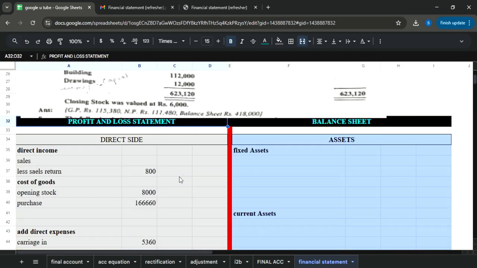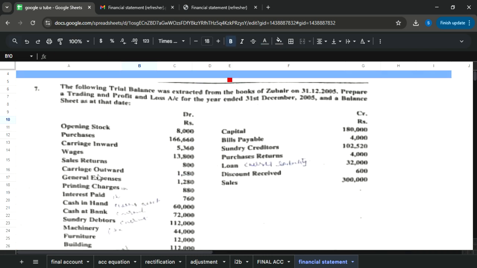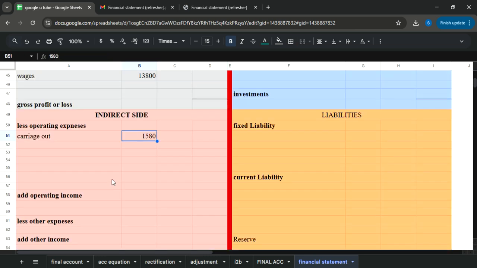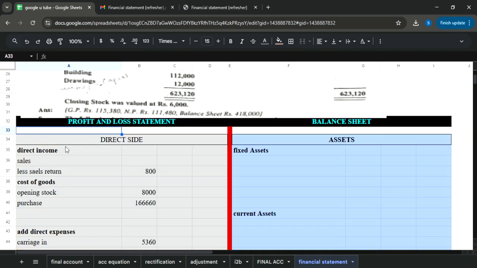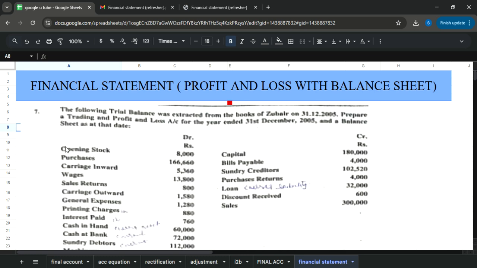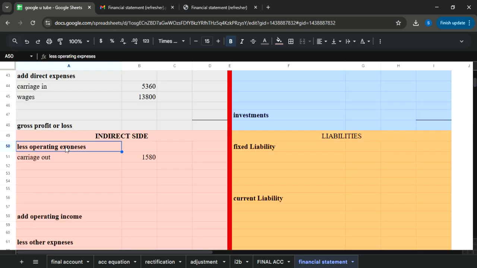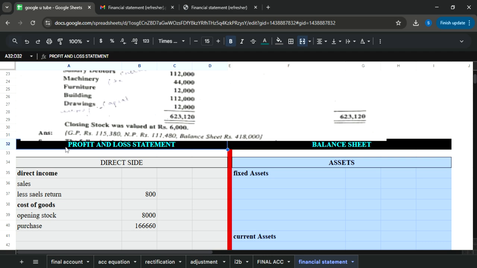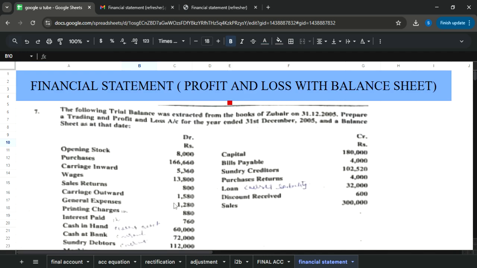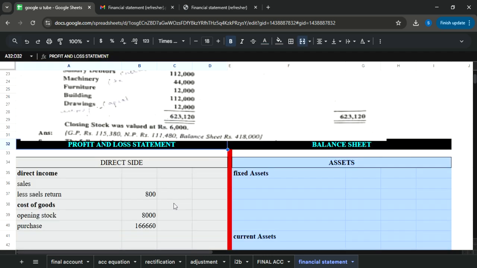After carriage out, we have general expenses. This is also part of operating or indirect expenses. Write it down on the indirect side. Let's see how much the amount of general expenses is, that is 1280.